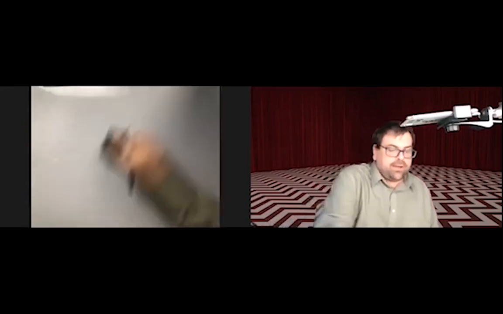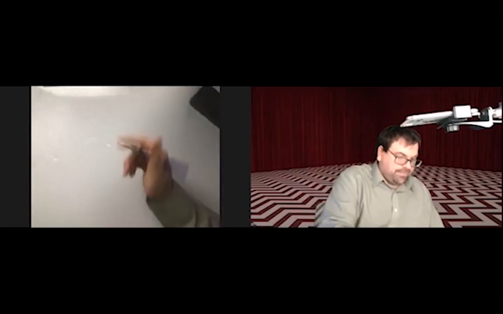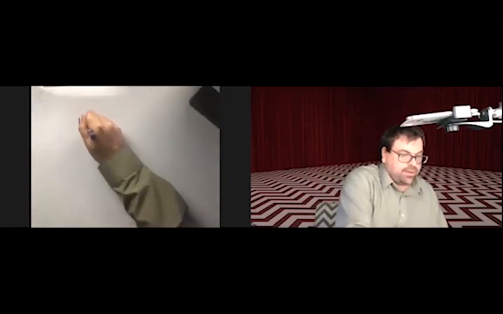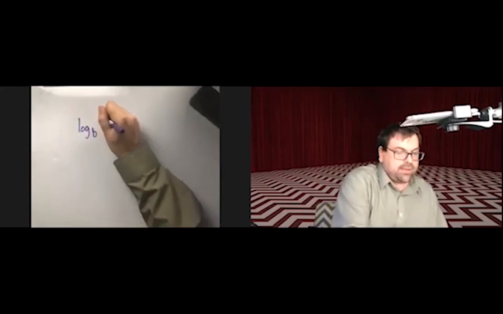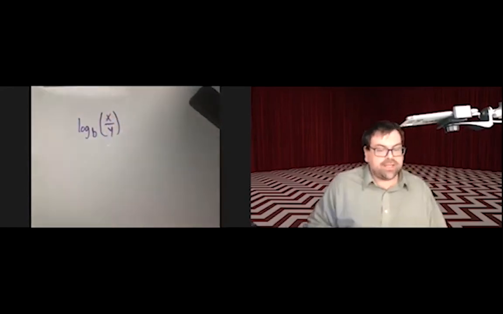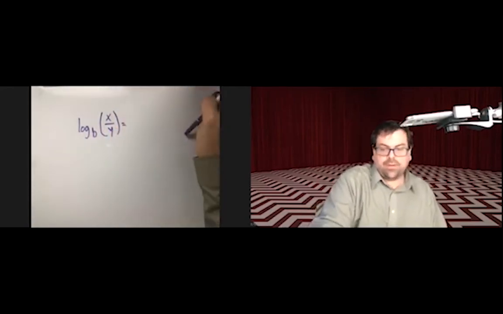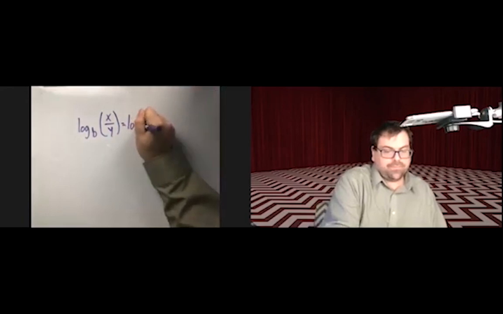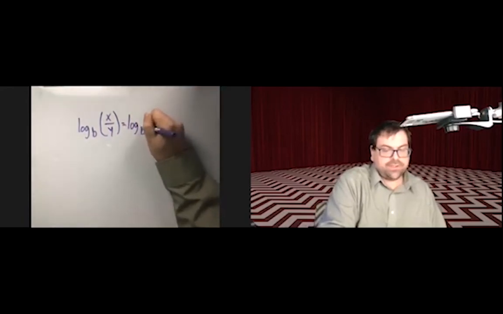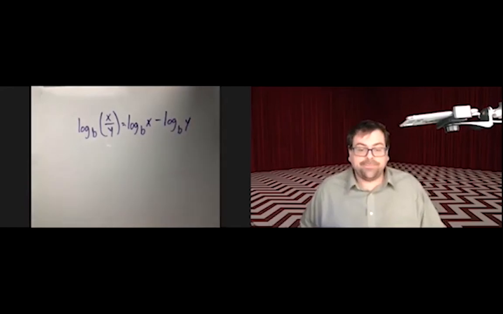Similar property. The quotient property. Log base b of x over y, the log of two things being divided. It's the log of the first, the log of the top, minus the log of the bottom.